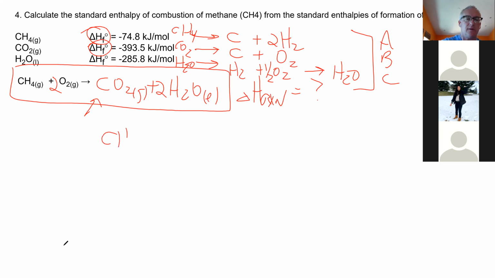So CH4 makes C and 2H2, and the delta H for that one is minus 74.8. Okay, so I got my CH4. So products, where am I going to get I need CO2 as a product.